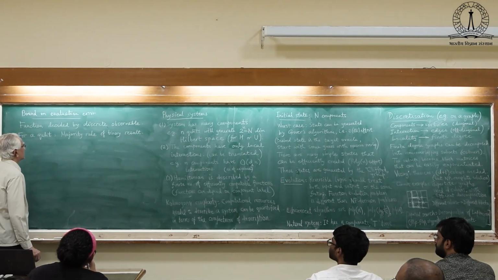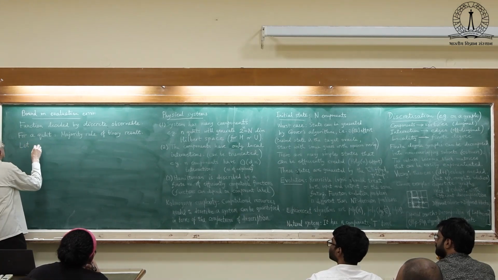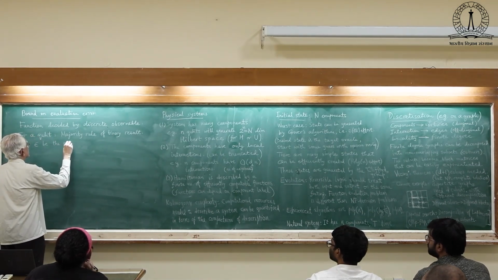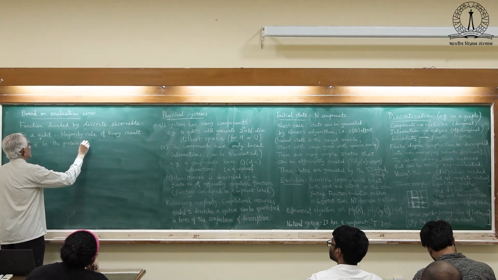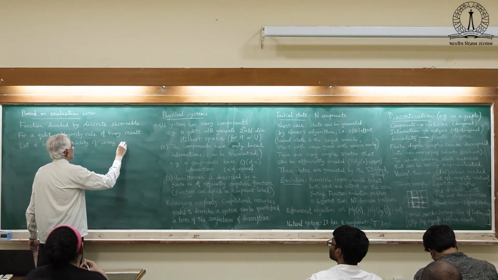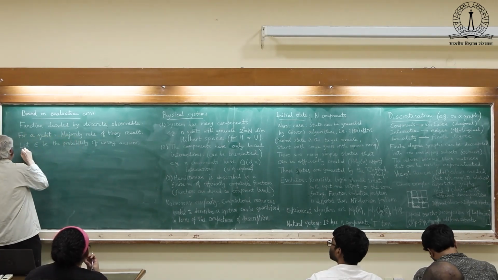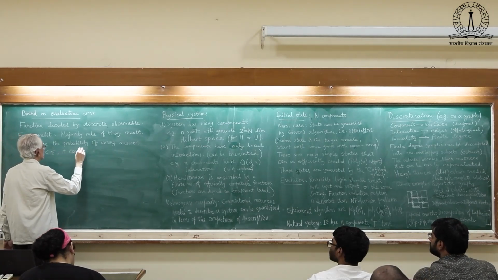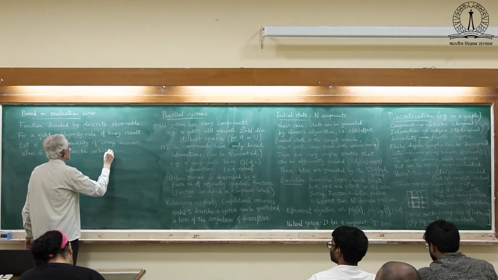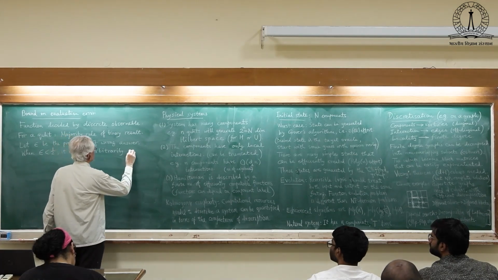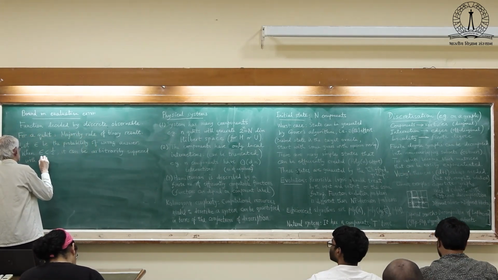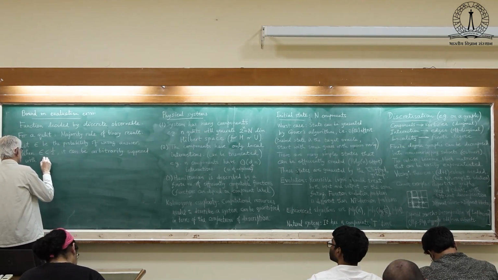So now I will just take the binary case because the answer is easy to obtain, and let me just say that let epsilon be the probability of wrong answer, and then when epsilon is less than half, it can be arbitrarily suppressed with extra effort.